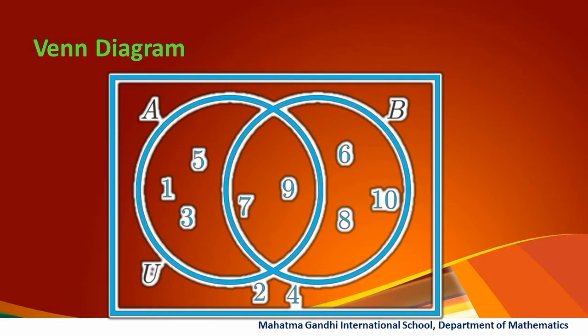Inside U there are two sets, set A and set B. Set A contains the elements 1, 3, 5, 7 and 9, and set B contains elements 6, 7, 8, 9 and 10. Notice that 2 and 4 are outside the circles. So 2 and 4 are not elements of A or B.